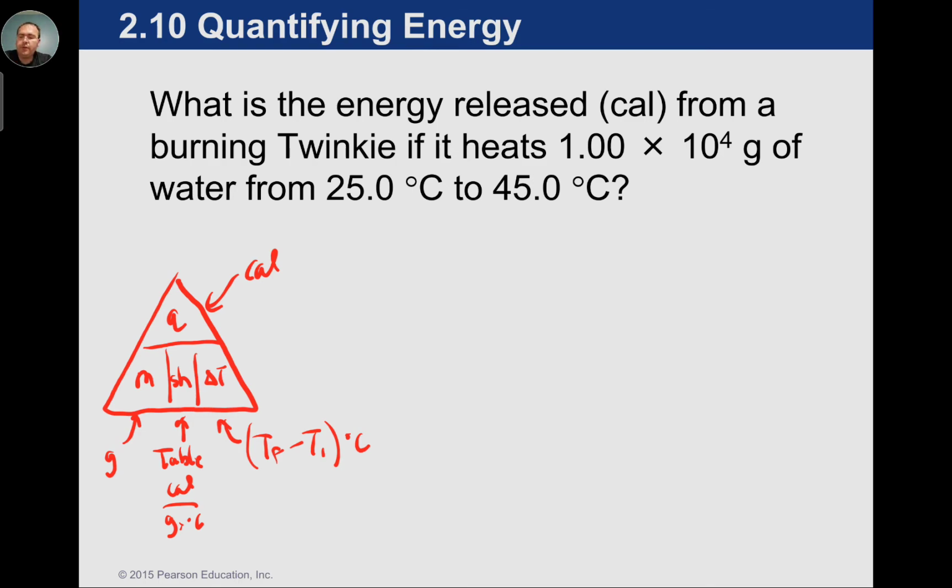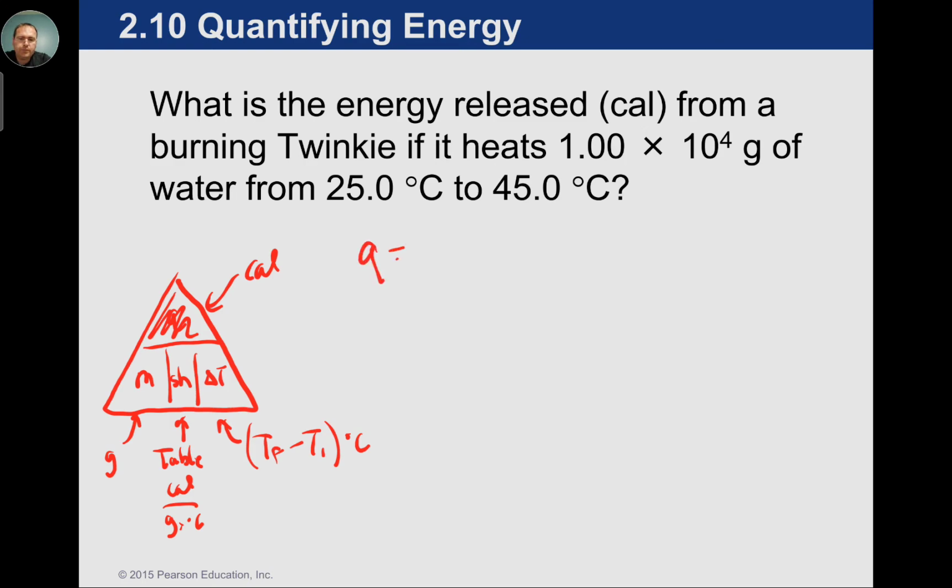So in these problems, you're going to see a few of them, not many, but you're going to have 4 variables, 3 given, 1 you solve for. So in this situation, it says, what is the energy? Energy is Q. So cover up Q. That's just those 3 numbers multiplied together.